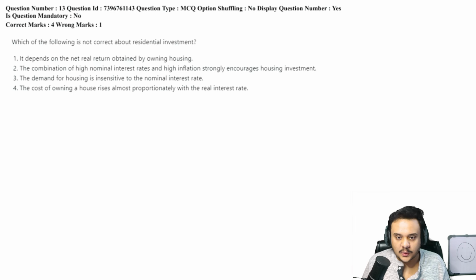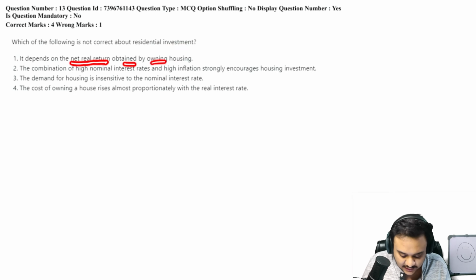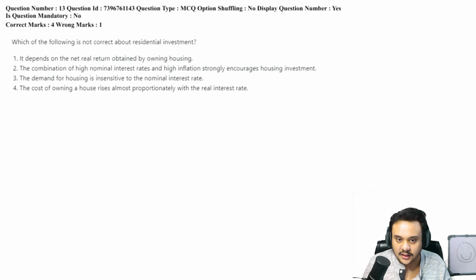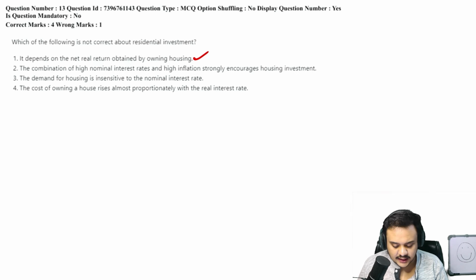If you are looking to do an investment for a house, if you want to buy a house, will your investment depend on the net real return obtained by owning the house or not? Right? So this sounds very true. So we'll just put a small tick because it sounds true to us right now. This statement I feel like is not phrased in the best manner.